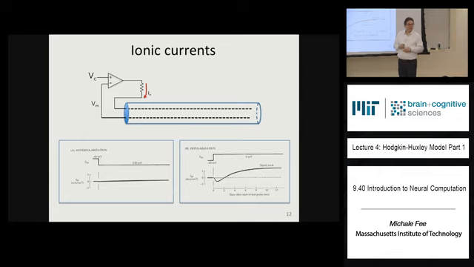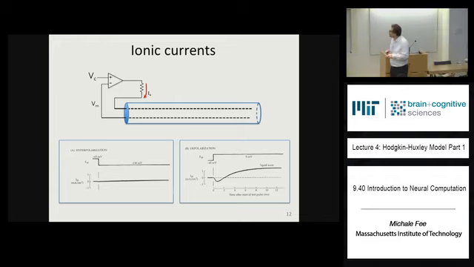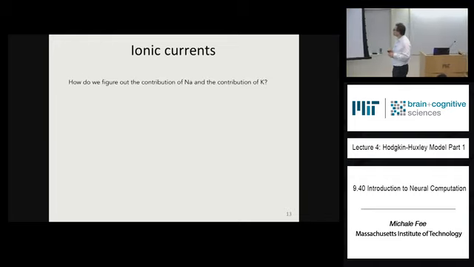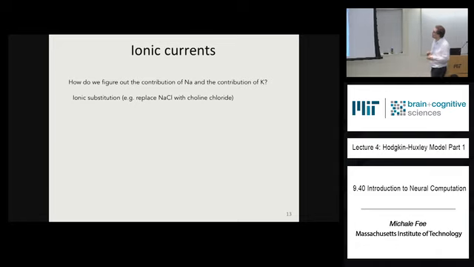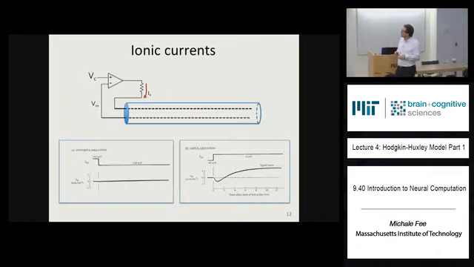Okay, so what is that? The first thing that Hodgkin and Huxley did was they tried to figure out what causes that pattern of currents. Okay? So here's what they did. They had this idea that part of this might be due to sodium.